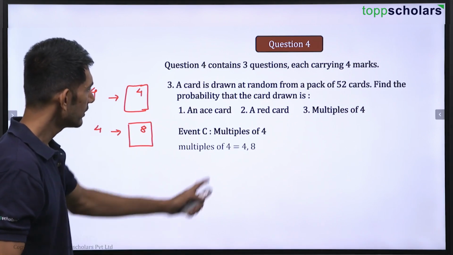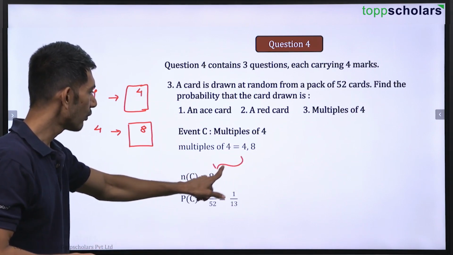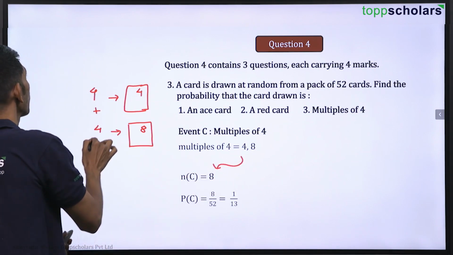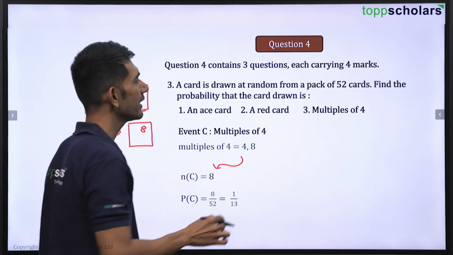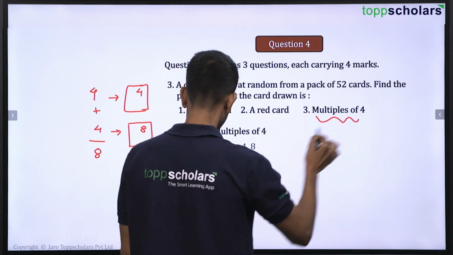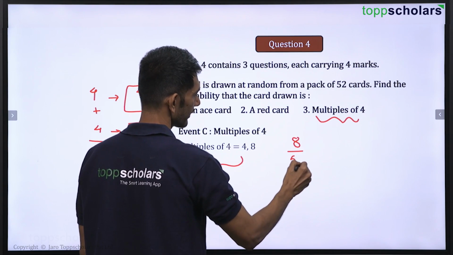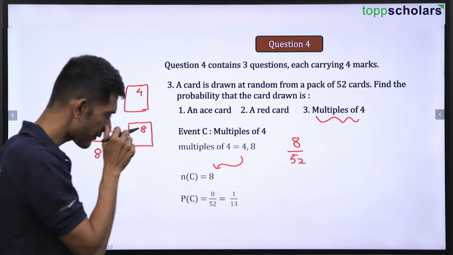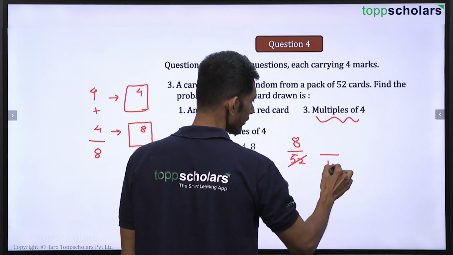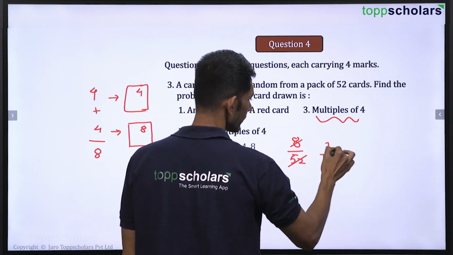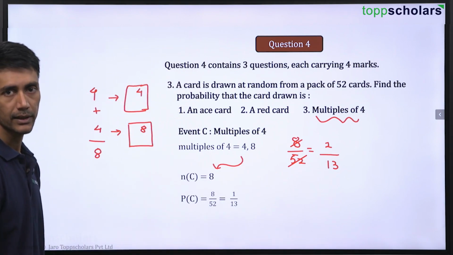So can I say the multiples of 4 are 4 and 8, and each of them are 4 cards each. So 4 plus 4 is nothing but 8. So what is the probability of the event of getting multiples of 4? That is nothing but 8 by 52, right? It's anyways given over here, 8 by 52. 8 by 52 is nothing but, if I divide this by 4, this is 13, this is 2. 2 by 13, correct?